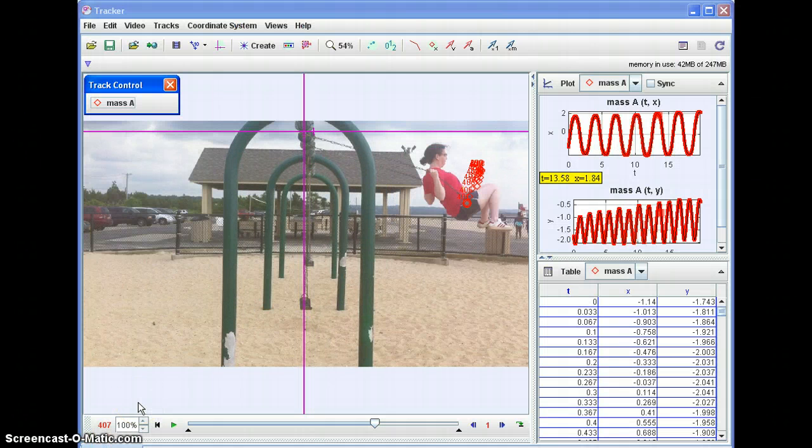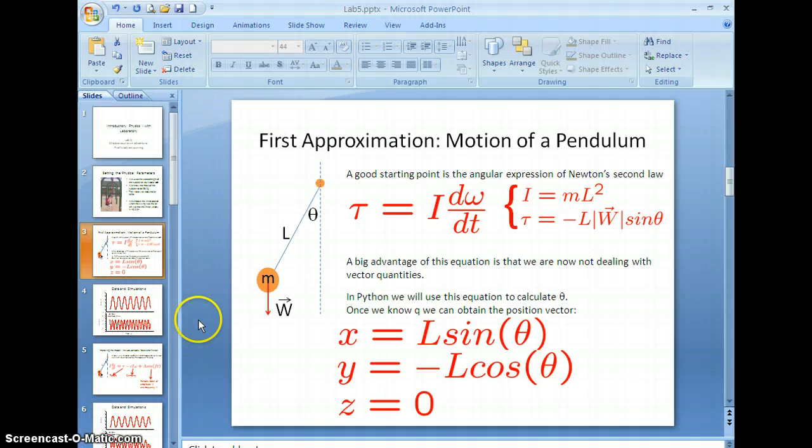As I said, we imported the video into Tracker and used our time and distance scale to extract the data. Here you can see the data in X and Y position versus time. For the simulation, as a first approximation, we decided to treat the motion as that of a simple pendulum.